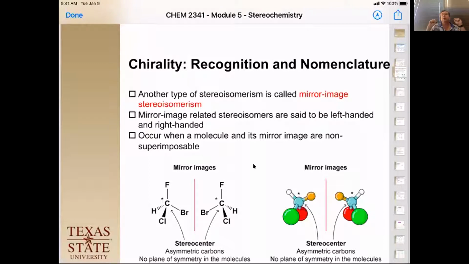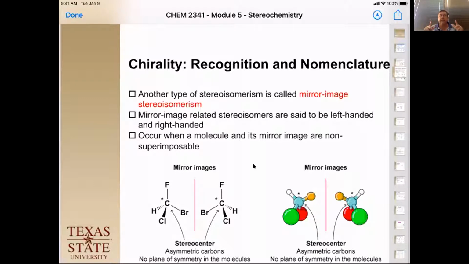Now, what if you don't have any double bonds, okay? That means you're going to have 4 different things attached to a carbon, okay? So in your sp3 hybridized carbons, it always has 4 bonds attached to it, and they're all sigma bonds, okay? So in things with single bonds, we now have what we call chirality, or it's another word for handedness.